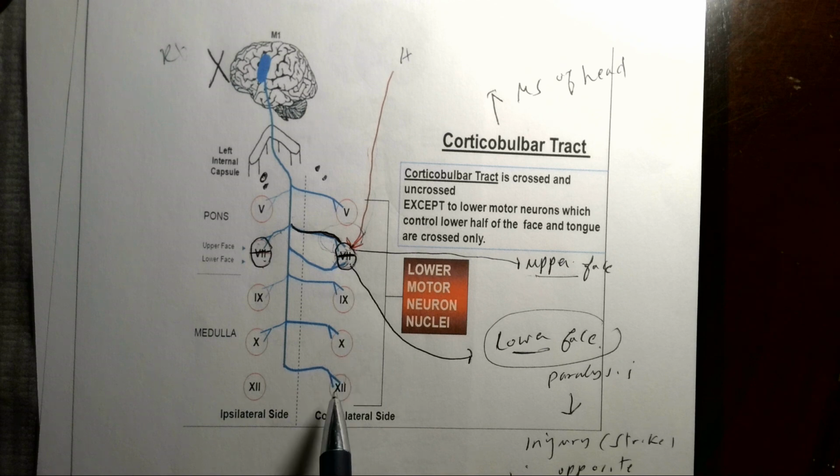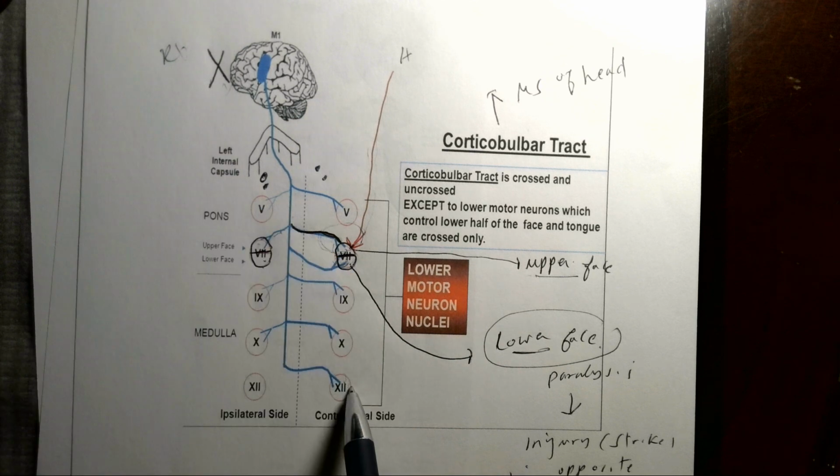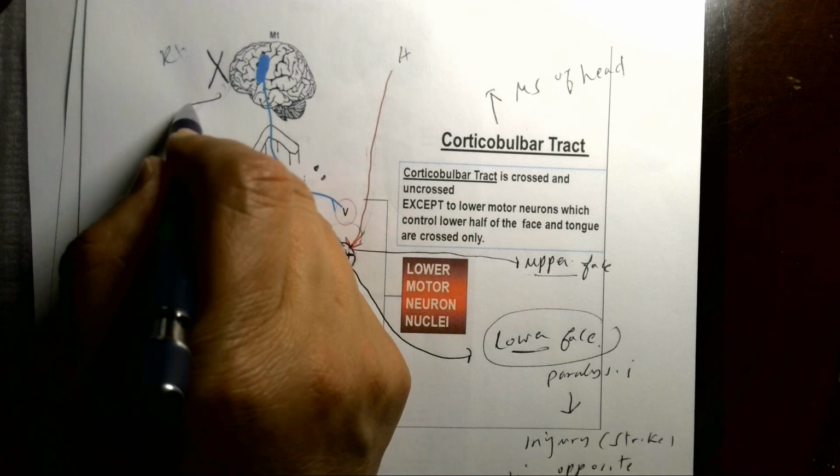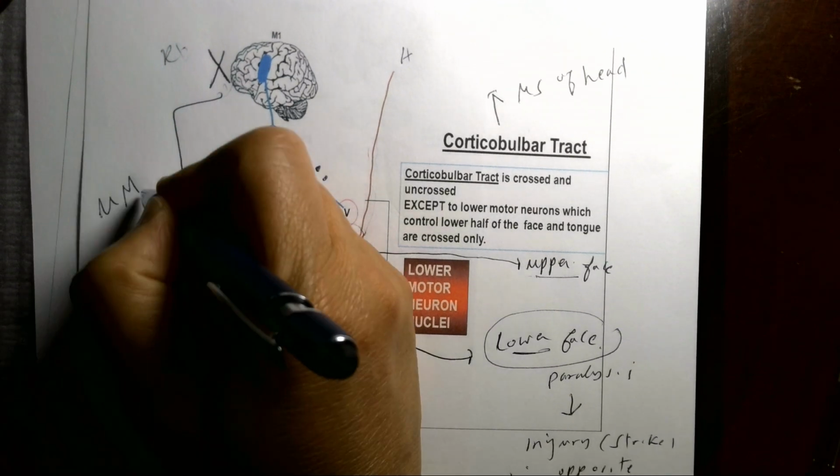If this is the right side, the left side of the tongue will be affected, and or the left group of muscles. So that's why a lesion from here to here, we call it upper motor neuron lesion.